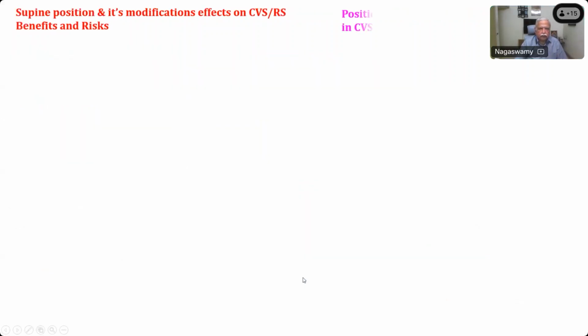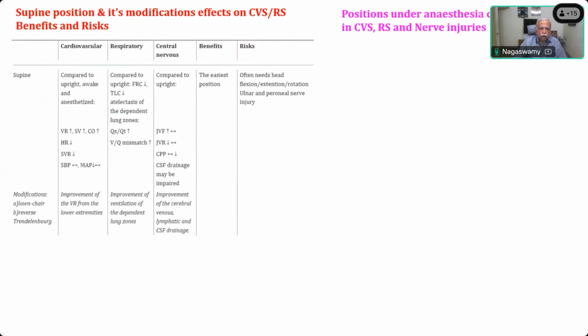And in your answer paper, you can write like this: supine position, what are the cardiovascular effects, respiratory effects, nervous system. Even in central nervous system, you can say about jugular venous return, CPP, the CSF drainage, whether it will be affected or not.